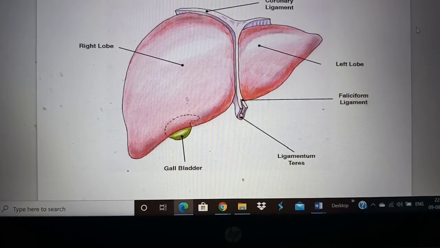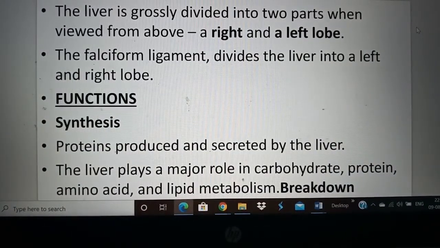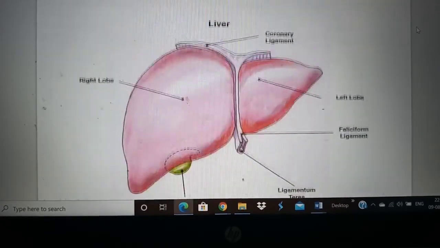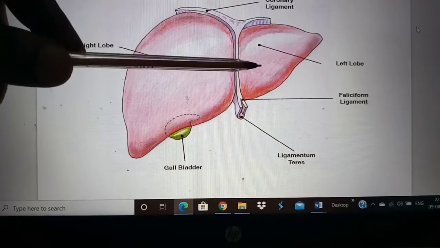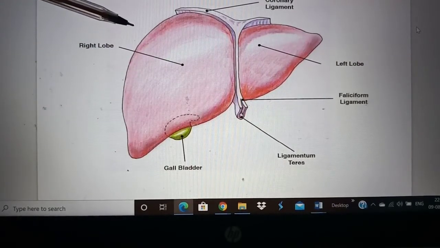Now coming on to the anatomy of the liver. The liver is almost completely covered by the visceral peritoneum, and the liver is divided into 2 principal lobes: the right lobe and the left lobe. The right lobe is larger than the left lobe. The left and the right lobes are divided by the falciform ligament.